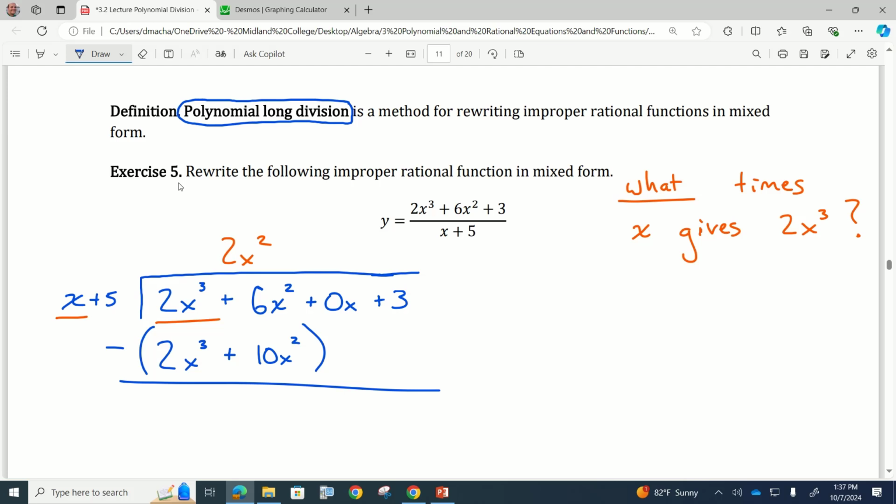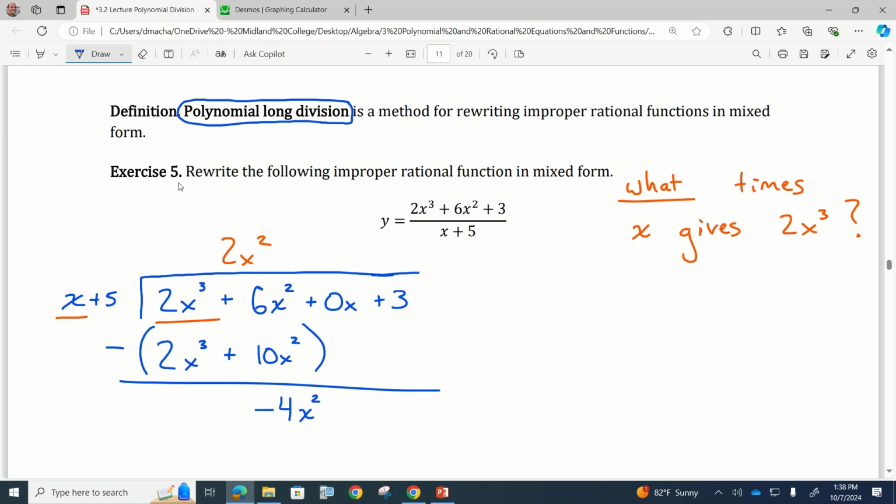And to me, the parentheses are important because it reminds me that I'm subtracting 2x cubed minus 2x cubed, but I'm also subtracting 6x squared minus 10x squared, which is negative 4x squared.